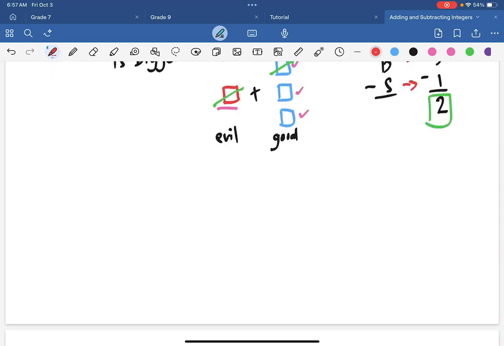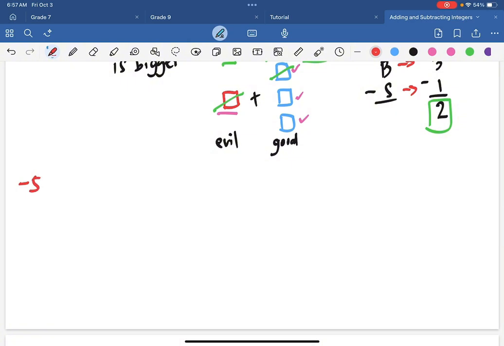Now what if we have negative 5 plus 2? Again, we're going to use the box and evil and good concept. So let's have 5 boxes here: 1, 2, 3, 4, 5. Let me change the color of this one.